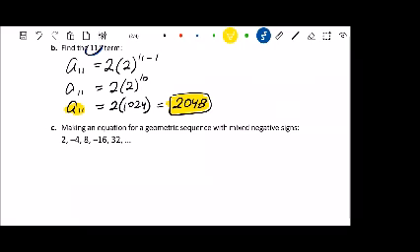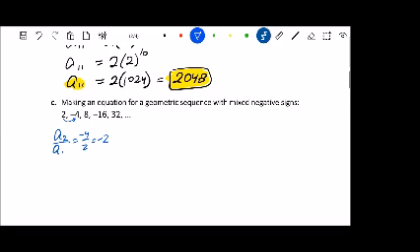Okay, now let's do another one where there are negative signs. Here there's going to be the same process, just a little bit of different result. I need to figure out what to do to get from here to here. So let's do A2 over A1, negative 4 over 2, that's negative 2. Then A3 divided by A2 is 8 over negative 4, same thing, still negative 2.